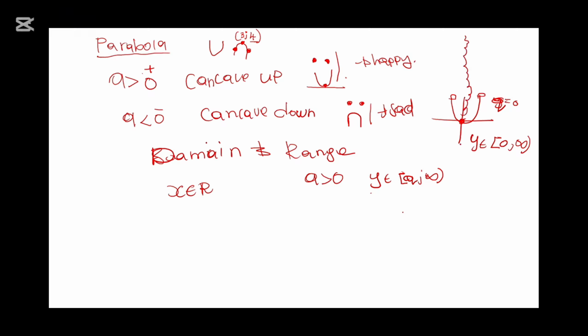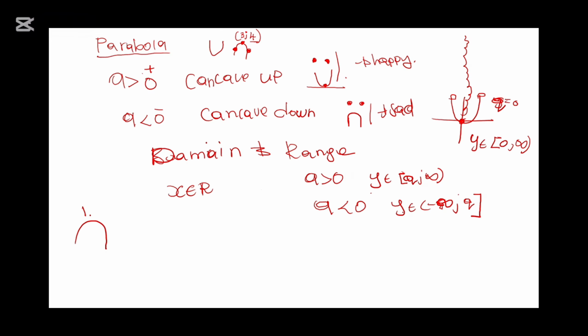Alright. Then if a is less than 0, then y is an element of negative infinity to q, meaning, let me write it here, because if a is less than 0, our graph will be sad.